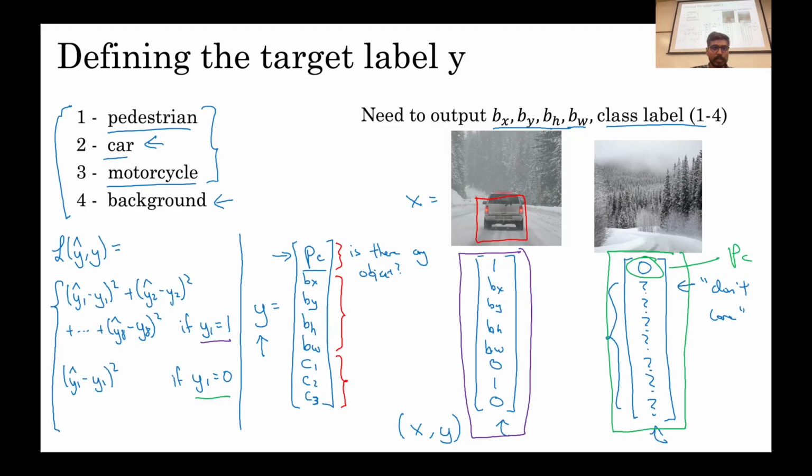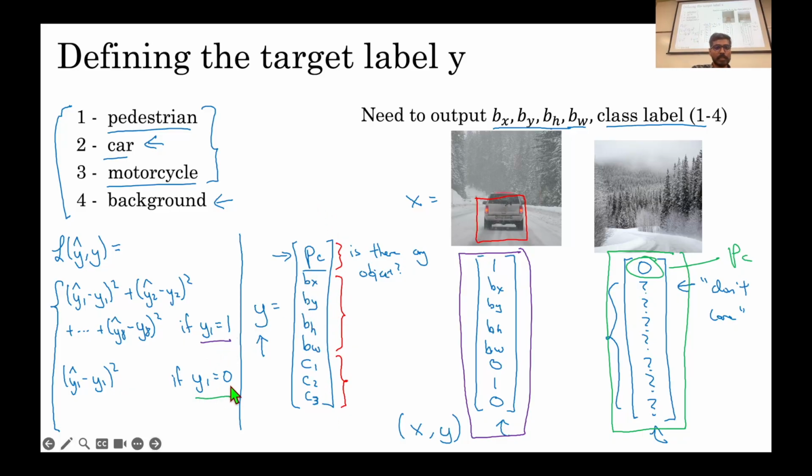Now let's take a look at how you would define a loss function for this. This is the y vector that you have, and let us say your model has predicted a y hat vector, which will also be of the same size. If your y1 is 1, which means that your ground truth says there is an object in the image, you want to apply some kind of loss between all of these different numbers in the y vector.